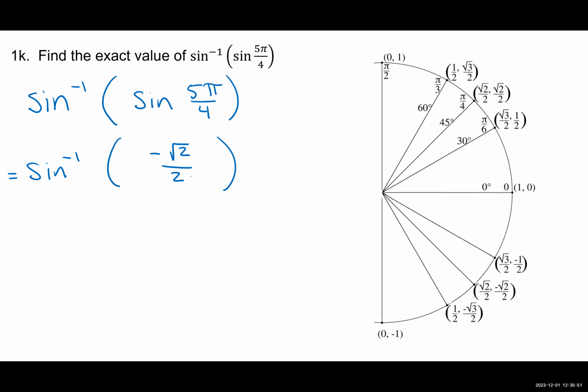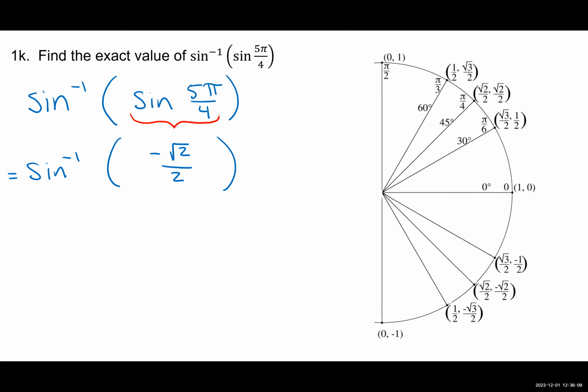We get that from the unit circle. Hopefully at this point, evaluating trig functions is something you're able to do. If not, definitely go back and review that. So the sine of 5 pi over 4 is negative root 2 over 2.